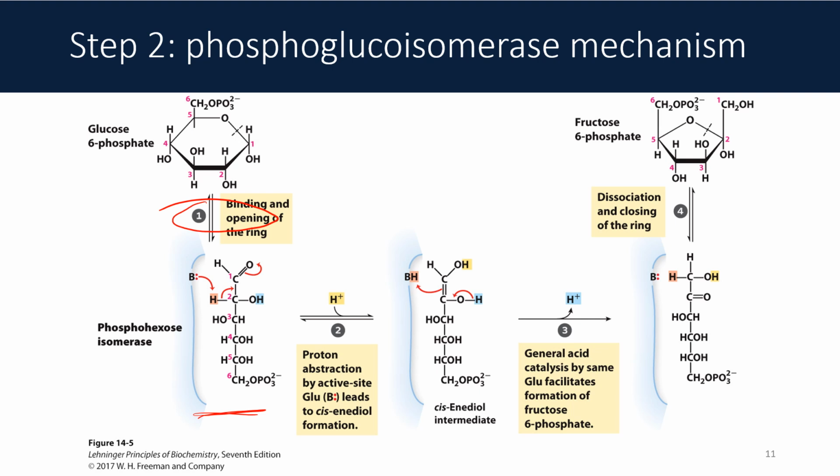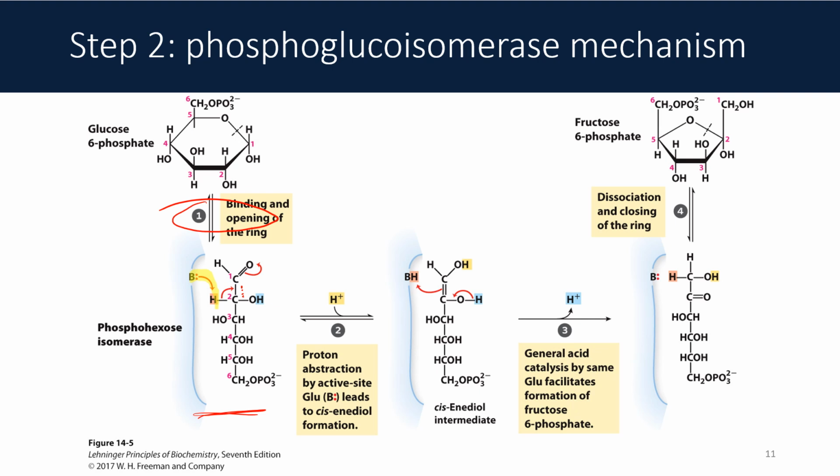It will eliminate the proton highlighted in red on the C2 position. This will redirect the electrons between the carbon and hydrogen bond onto the C1 C2 position.